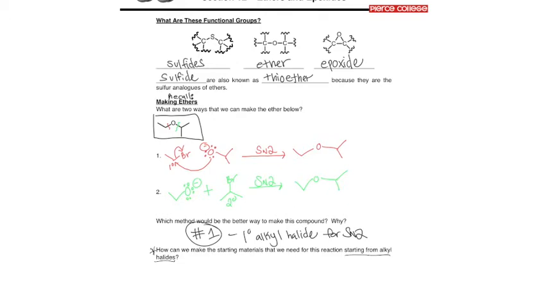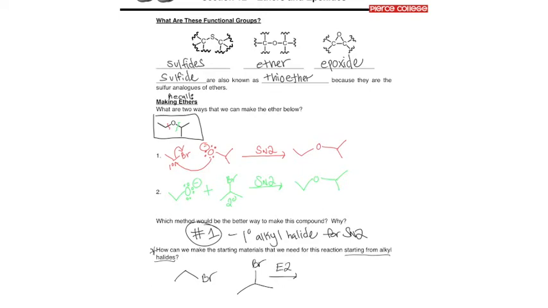So remember that we can already use the alkyl halide for step 1, that is ethyl bromide. But if we want to make the starting material that we need, this other guy right here, if we want to start from alkyl halide, we can eliminate, right?